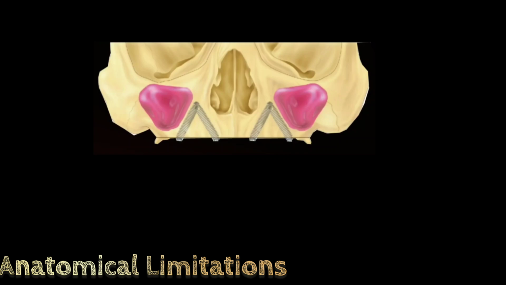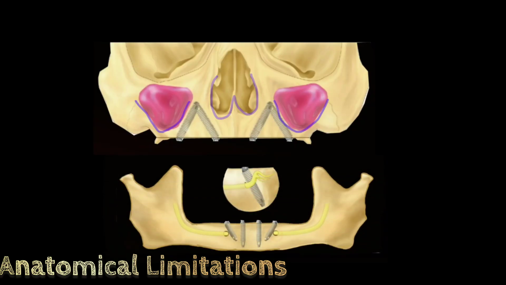Anatomical limitations like lingual mandibular and nasal bone concavities, maxillary sinus lining, and the mental foramen or inferior alveolar nerve approximating the ridge due to severe ridge resorption may force the surgeon to insert an implant at an inclination.